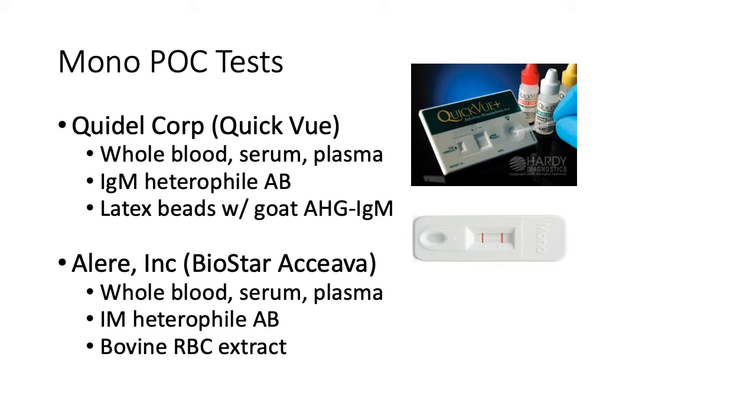If infectious mononucleosis heterophile antibodies are present in the sample, a visible blue line will appear to indicate a positive result. A red line indicates a negative test. 2 drops of whole blood from a venipuncture or fingerstick sample are mixed in a tube with buffer, and the dipstick is placed in the tube. Results are then available in 5 minutes.